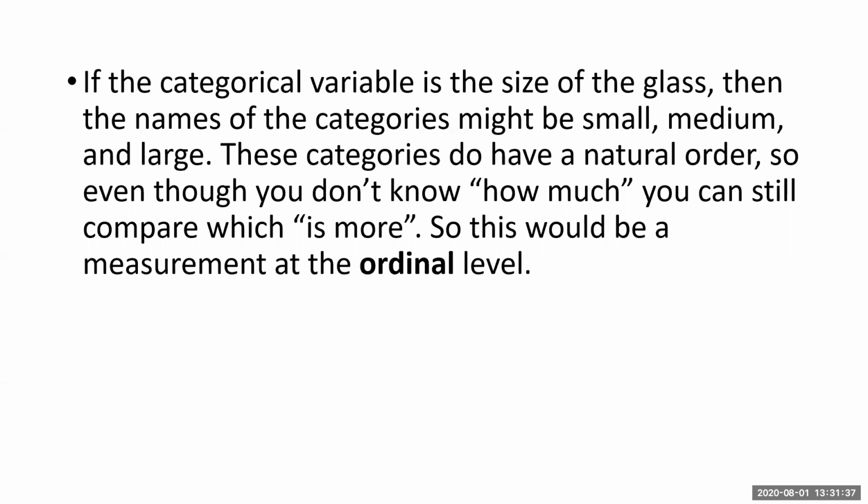They could have just as easily used A, B, C, D, E instead of 1, 2, 3, 4, 5. So that one, it's a categorical variable, but it's an ordinal level of measurement because you can tell, okay, if one day it was a 2 and then the next day it's a 3, that's more pain on the second day.